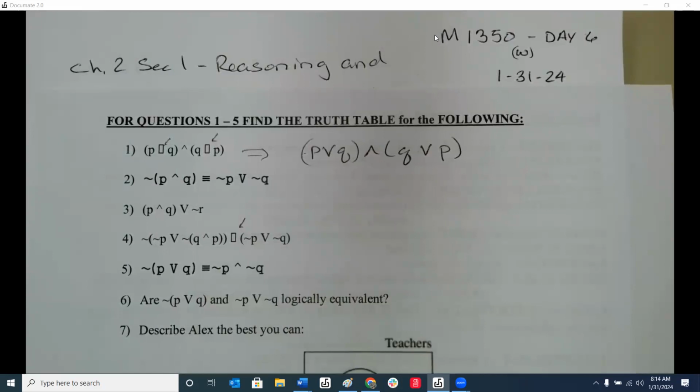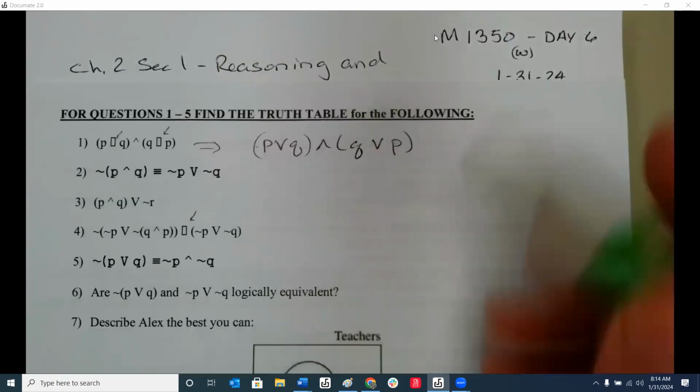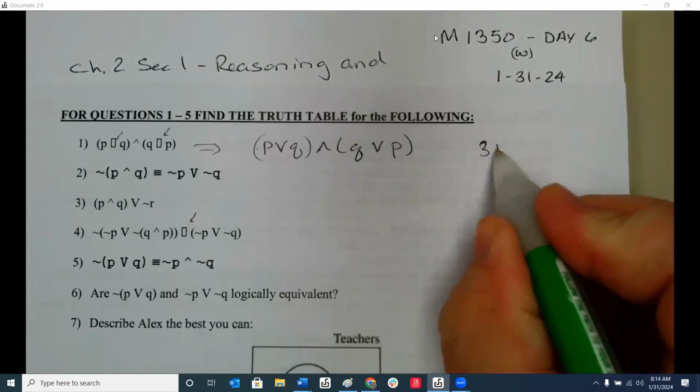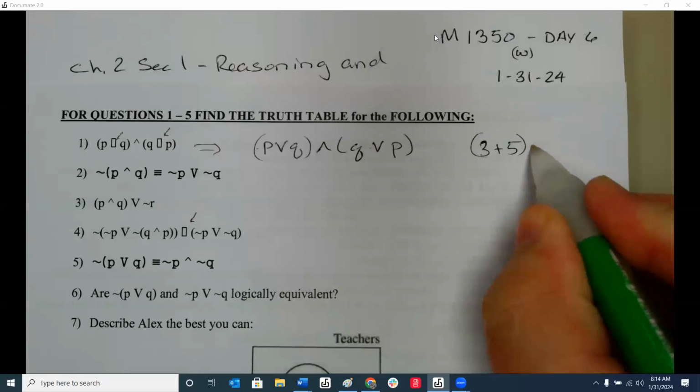How would you read that? P, pointy arrow down, Q, pointy arrow. Now, how would you read this?